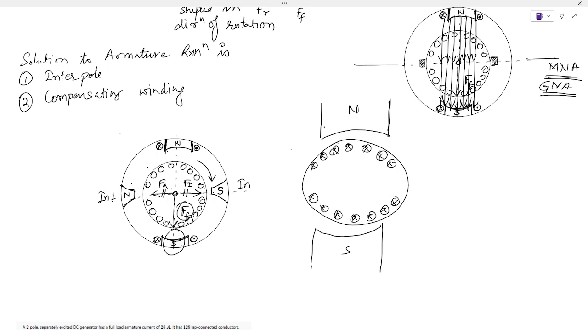Then compensating windings are embedded in the pole. Some slots are cut in the pole.